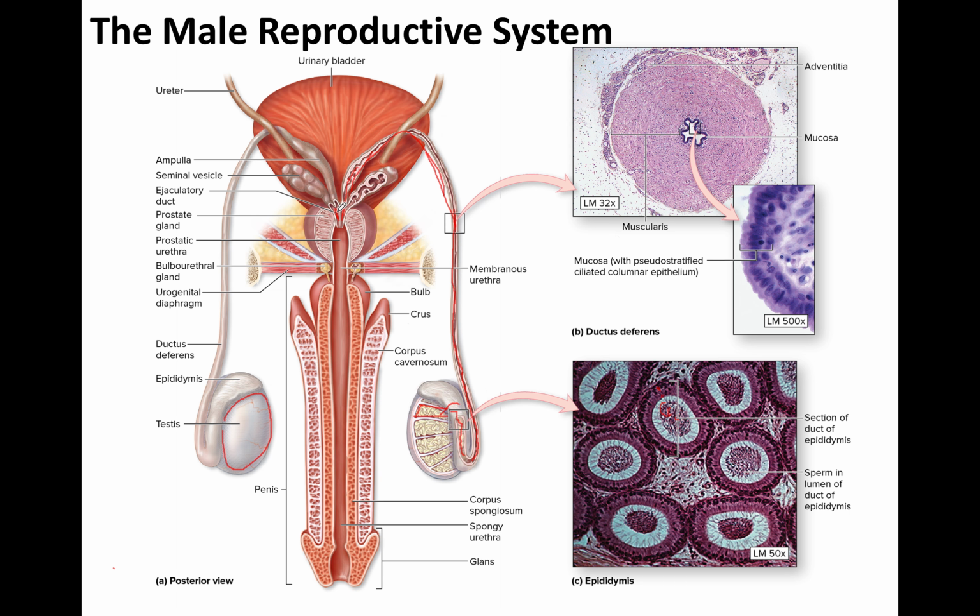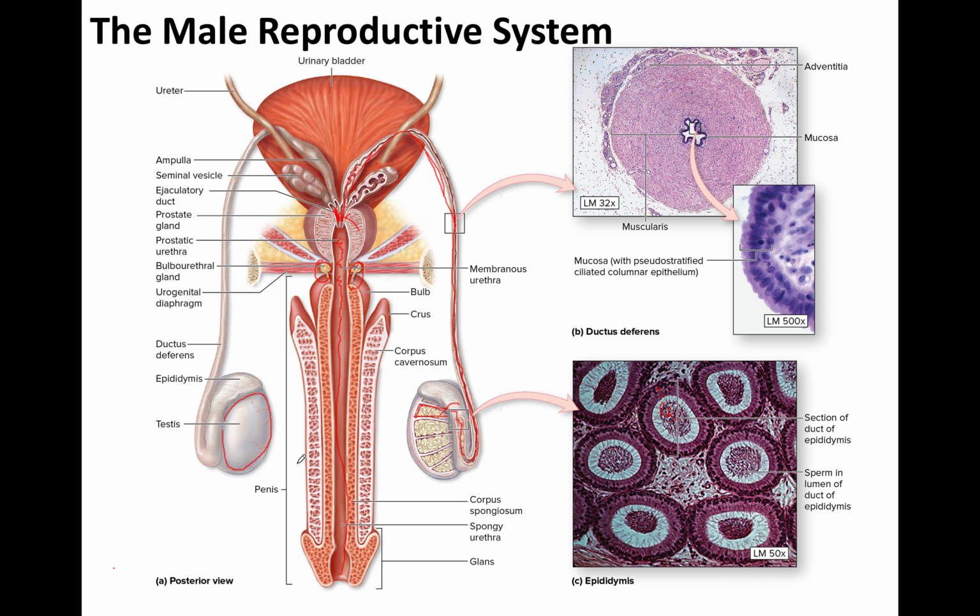So the seminal vesicles are going to add part of its component, and then the prostate's going to add the other fluid component. Semen is then going to move through the urethra out the penis, right? So here's where the bulbourethral glands are, right there.